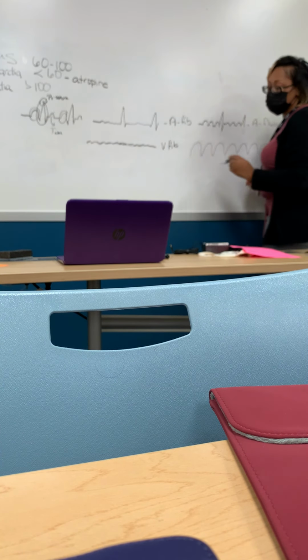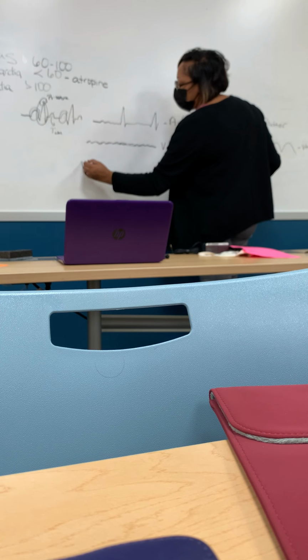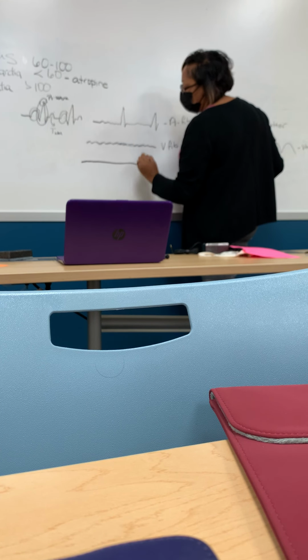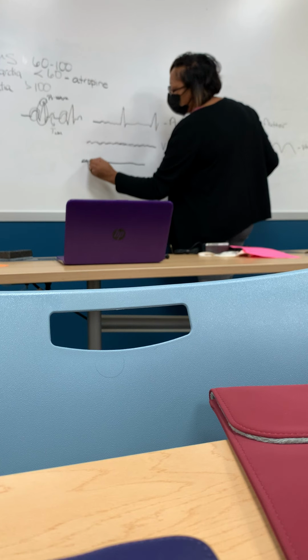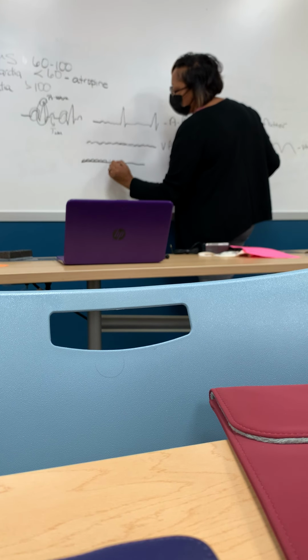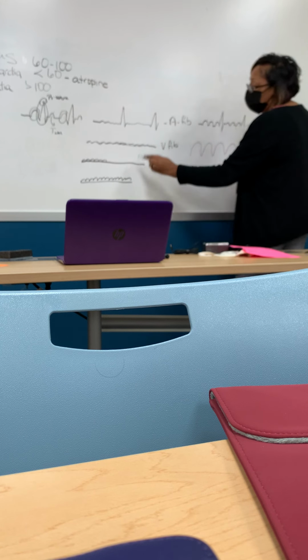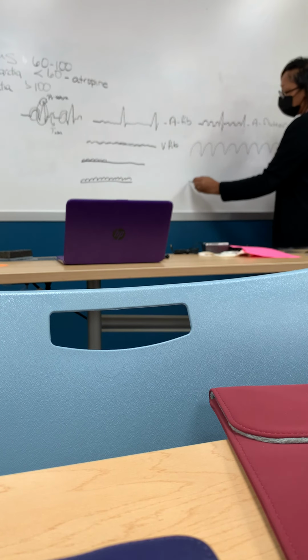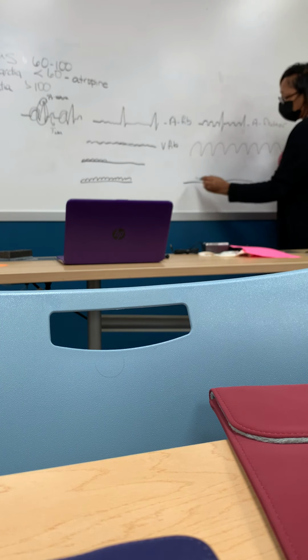They may be close, like this should be your isoelectric line. Those waves can be like this, or they can be a little bit bigger. All of those would be VFib. For VTAC, they're going to be tall.